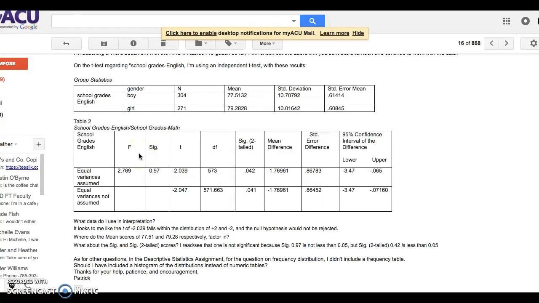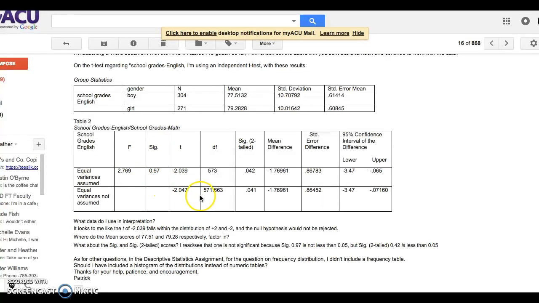Basically that tests whether the assumption of equal variances between our two groups holds in the data. If the variances are more or less equal in the data set, the test should not be significant, and it is not significant here because it's 0.97, which is greater than 0.05.